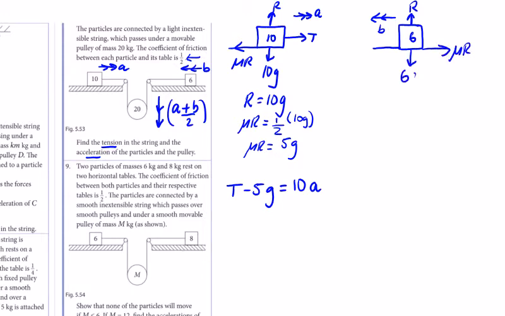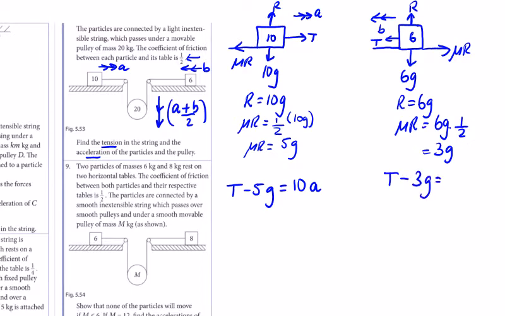I have mg, which is 6g, and I have the tension in the string. So again, my reaction is equal to 6g. Mu R is equal to 6g times a half, which is equal to 3g. So starting in the direction that it's going, I have T minus mu R, which is 3g, is equal to ma, which is 6b.